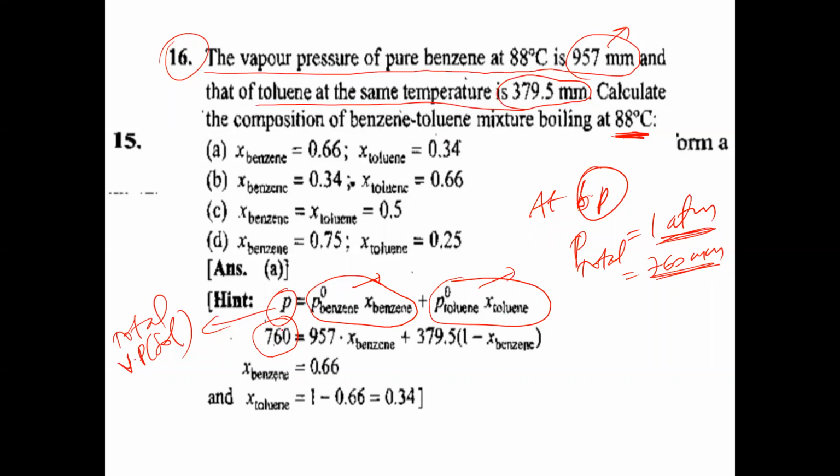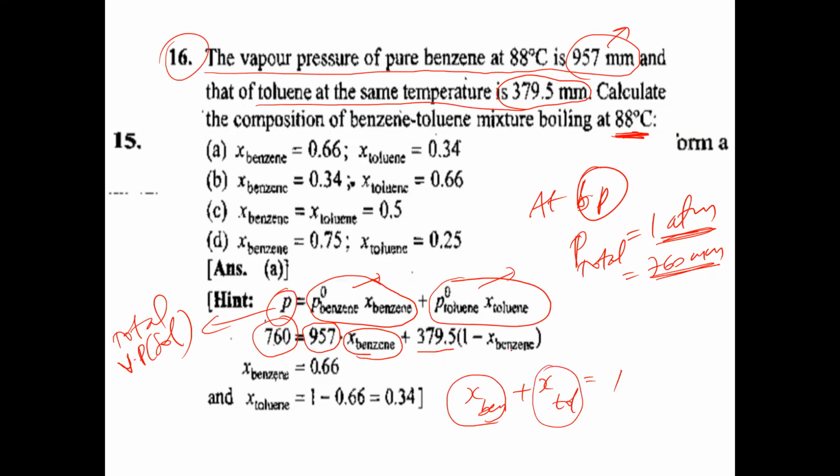760 mm equals the pure benzene vapor pressure, 957, into the mole fraction of benzene, which we do not know, plus the pure toluene vapor pressure, 379.5, into 1 minus the mole fraction of benzene. Mole fraction of benzene plus mole fraction of toluene equals 1. Whenever the mole fraction of benzene is x benzene, then x toluene is 1 minus x benzene.